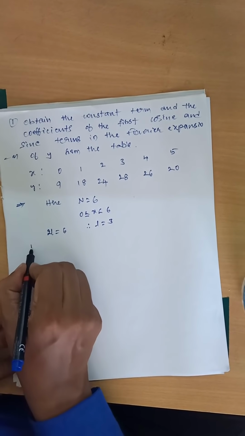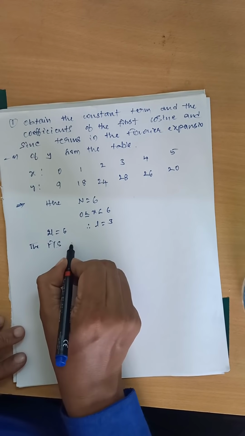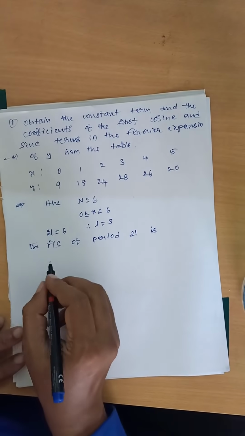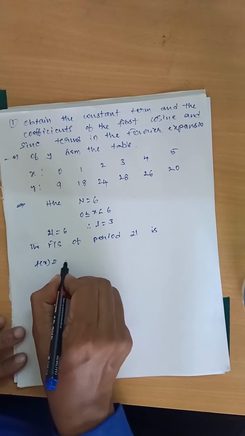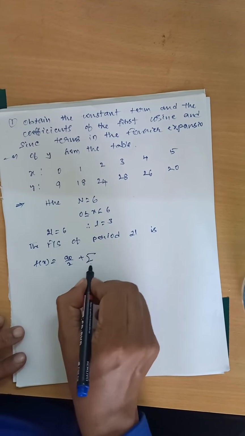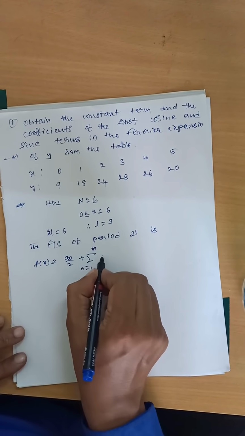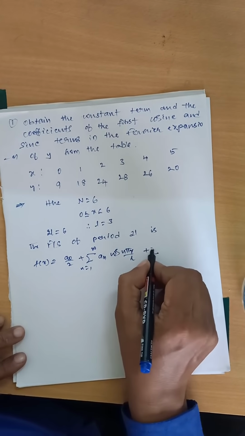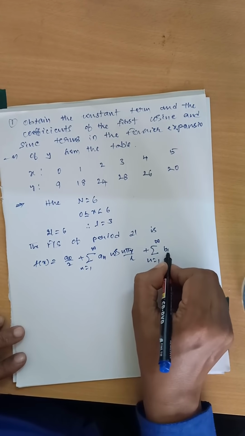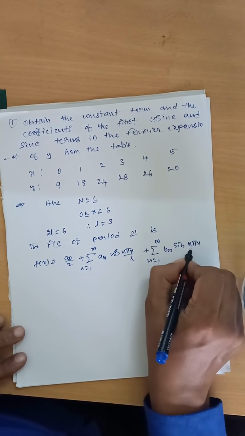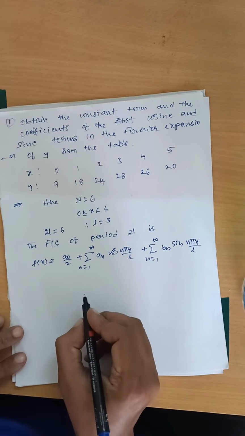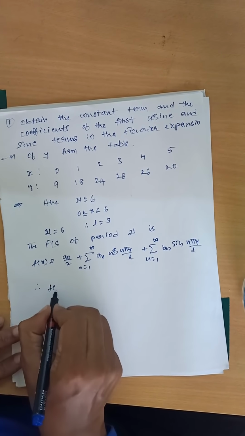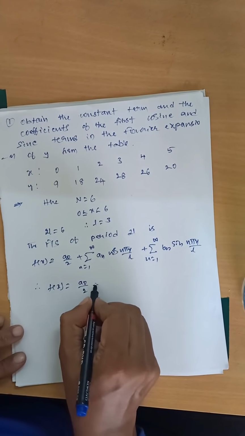The Fourier series of period 2L is f of x is equal to a0 by 2 plus summation n from 1 to infinity an cos n pi x by L plus summation n from 1 to infinity bn sin n pi x by L. You apply L value is 3, therefore f of x is a0 by 2.